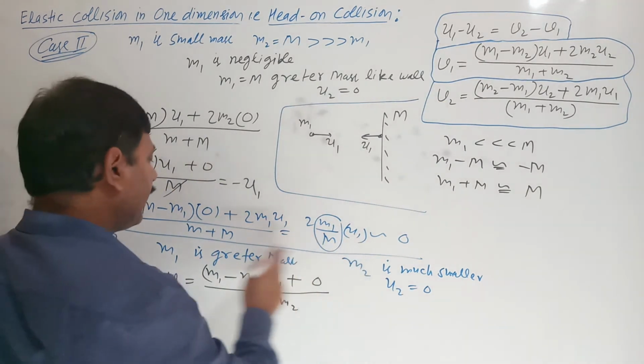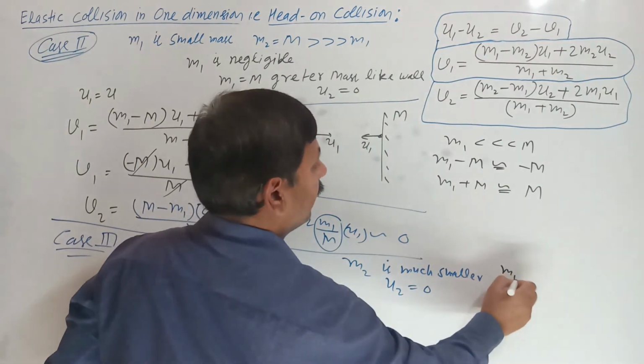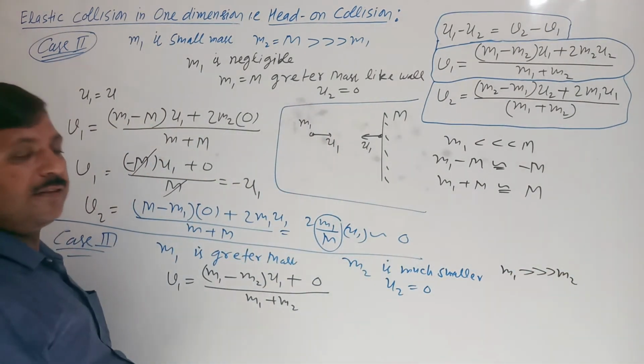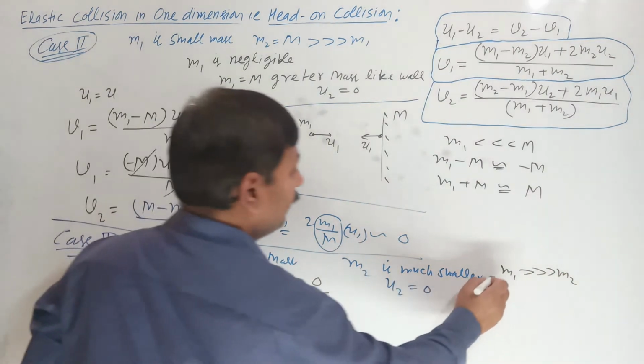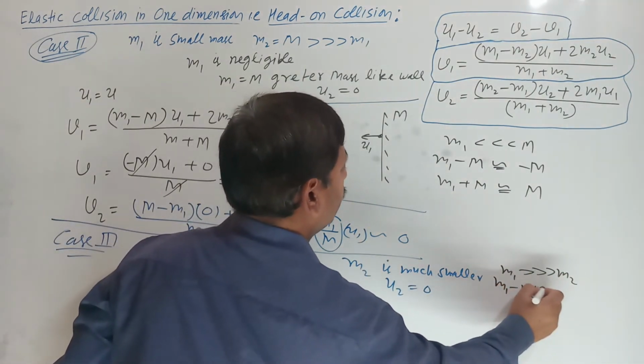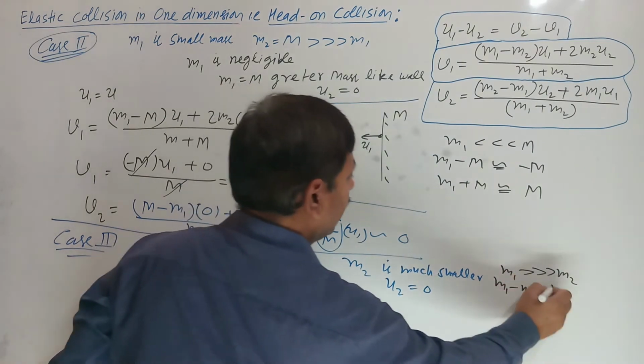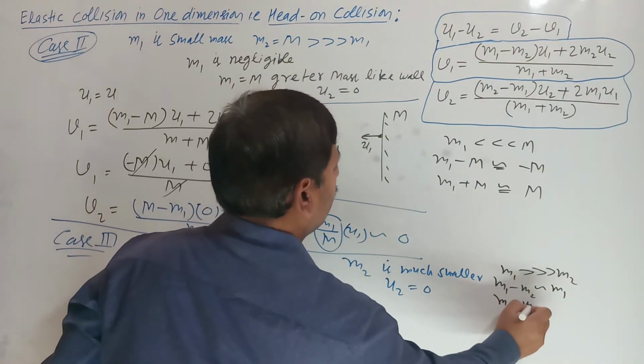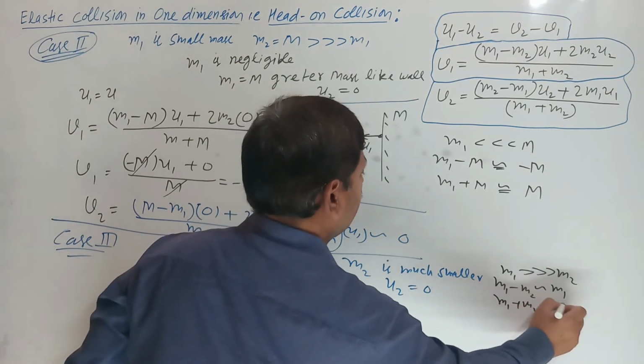See here, M1 is much greater than M2. In that sense, M1 minus M2 nearly we can write as M1, and M1 plus M2 also we can write as M1.